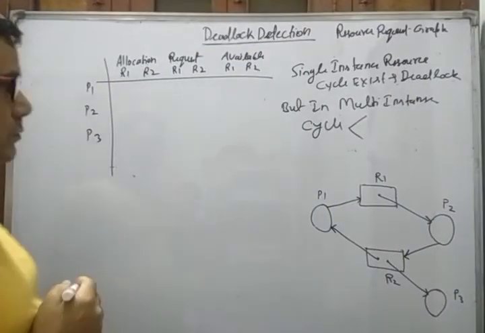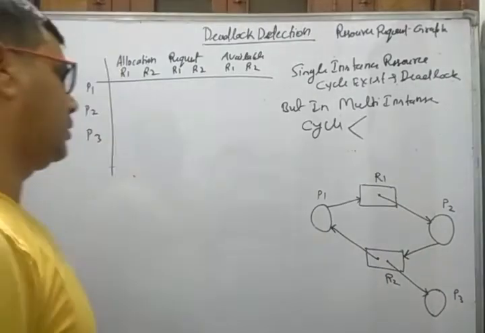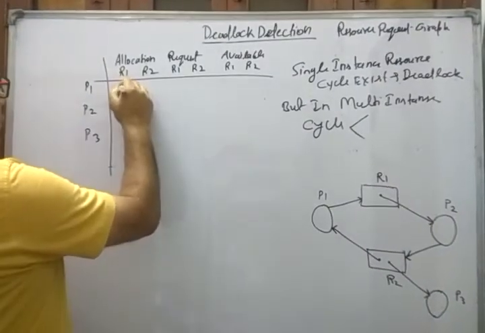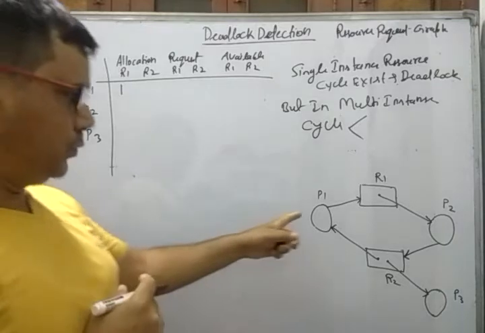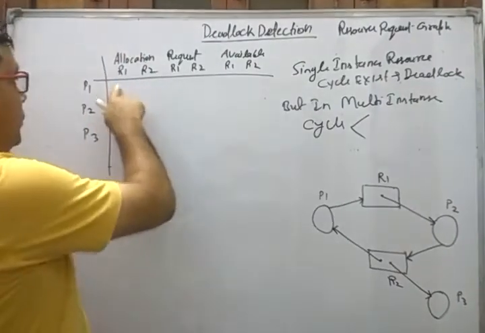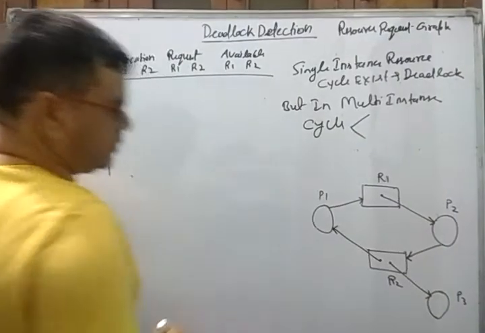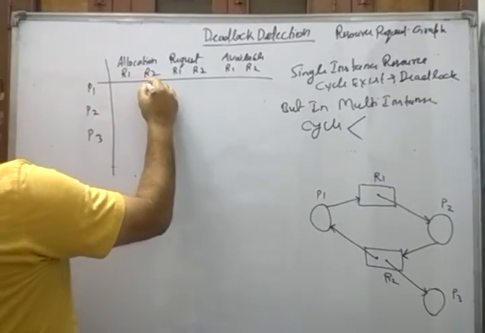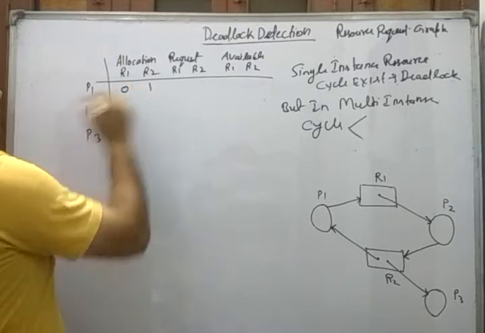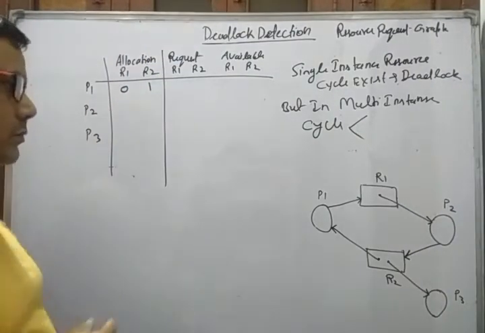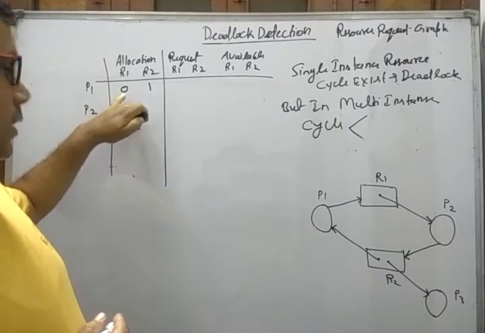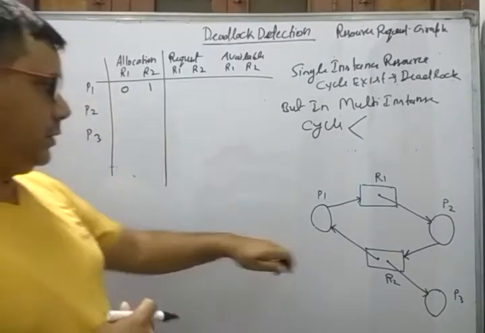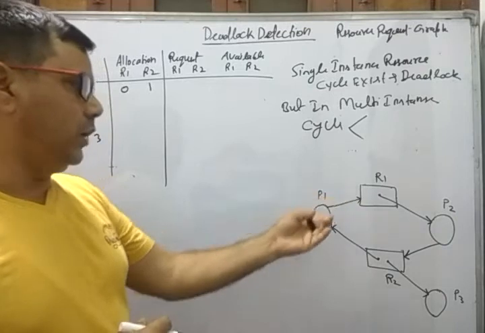Process P1 is assigned resource R2, meaning R2 is held by process P1, and it is not allocated R1.